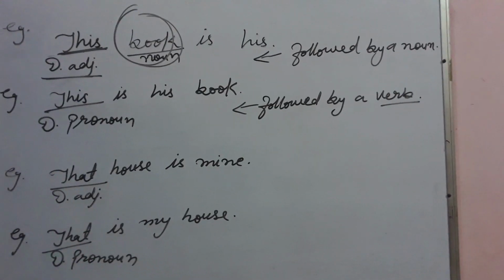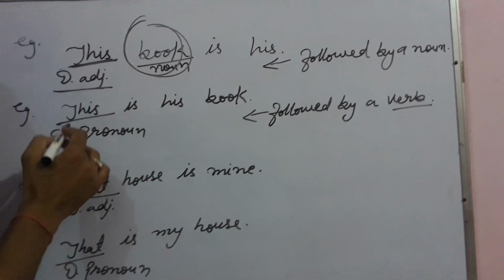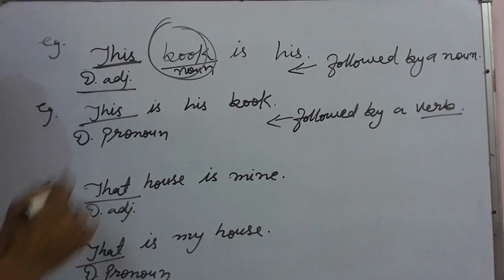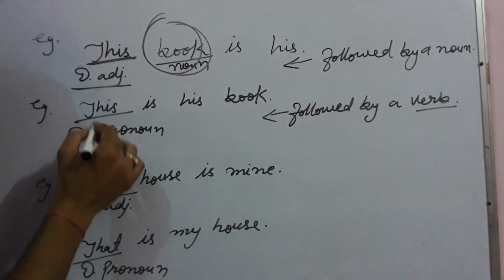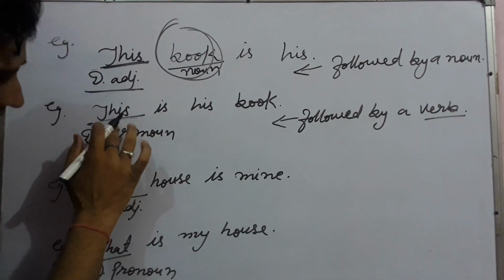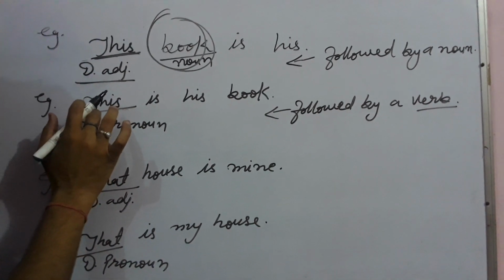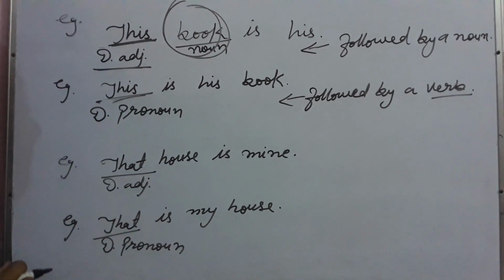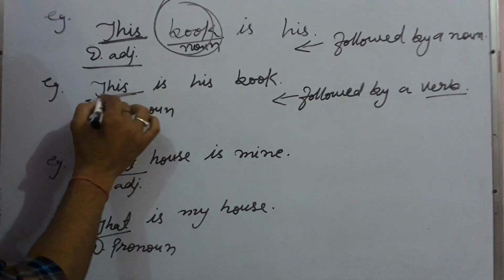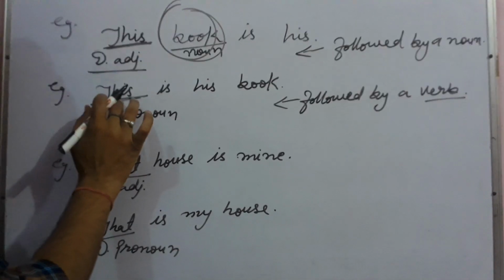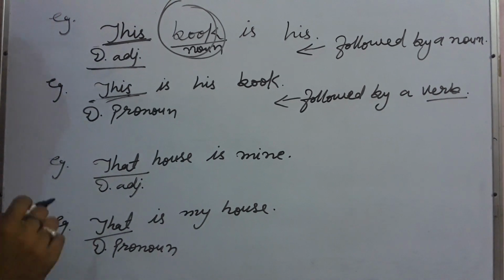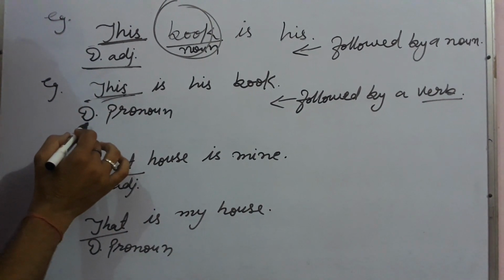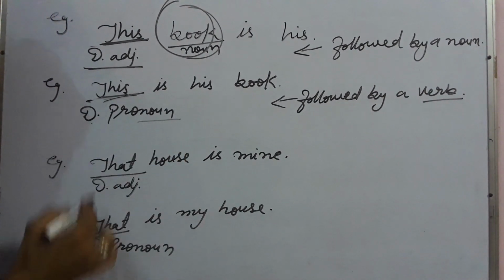In the next sentence, this is his book. Now this word is not followed by a noun in this sentence. That's why we will put it in the category of demonstrative pronoun.